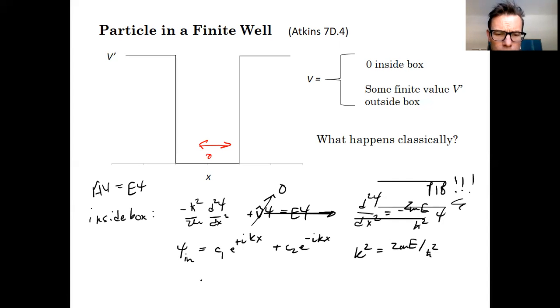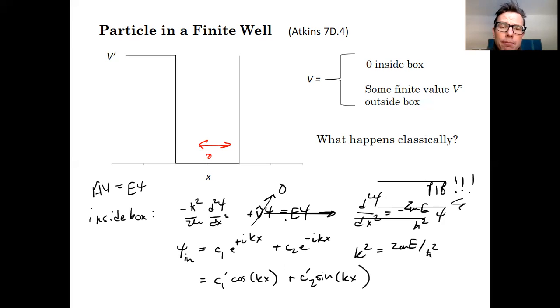Again, using that Euler's relation, I can write this as a combination of sine and cosine curves. It's an equivalent way to write it, different constant. And I could think about starting to draw this inside of the box.